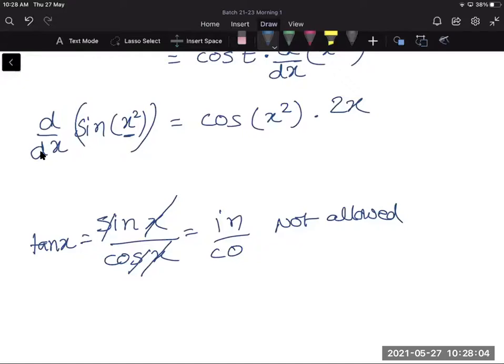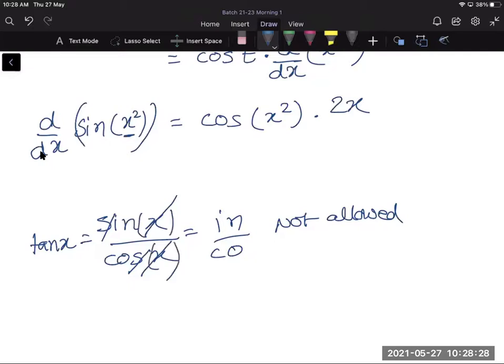The variable s exists in the numerator, variable s exists in the denominator, so they get cancelled out. The variable x exists in the numerator, the variable x exists in the denominator, so it gets cancelled out. Makes so much sense. But this is not done because this is not sine multiplied by x. It is sine of x.